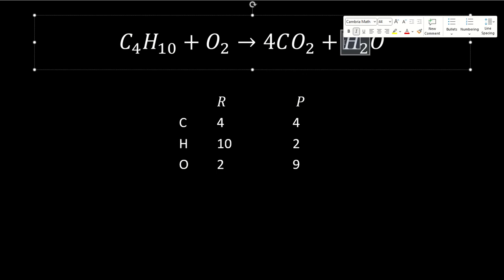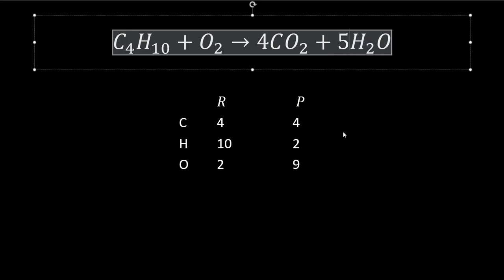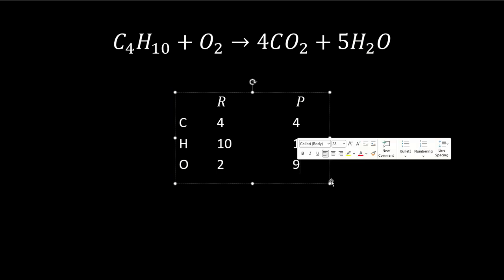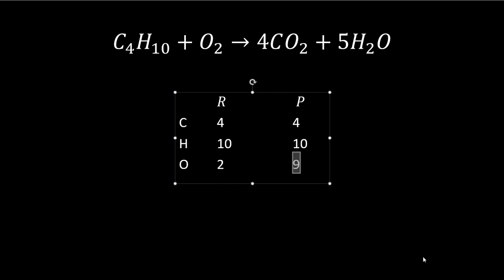And we can do that by instead having 5 times 2, or 10 hydrogen, and then we would have 4 times 2 plus 5 times 1, or 8 plus 5, or 13 oxygen atoms.